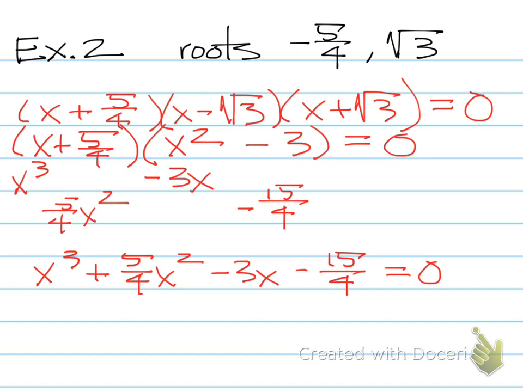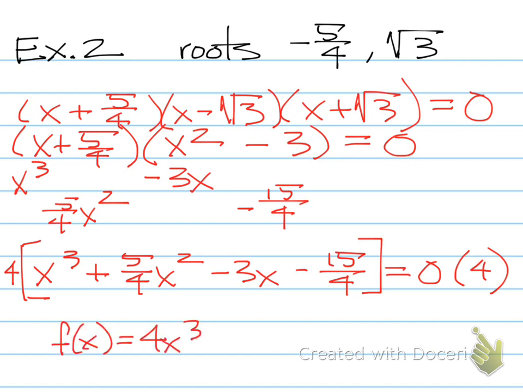So I'm going to get rid of the fractions by multiplying the whole equation by the lowest common denominator, which is 4. So I get f of x equals 4x cubed plus 5x squared minus 12x minus 15.